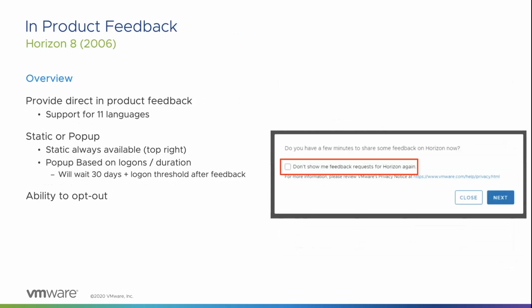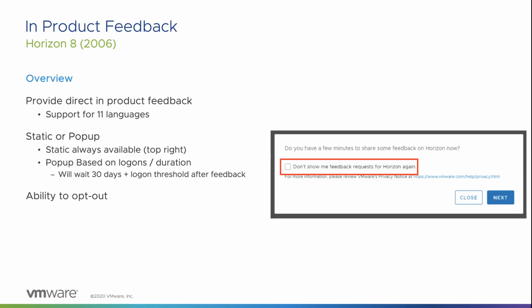In product feedback, there's a new feature where you can directly send feedback to the engineers, if you're having a problem doing something, or something just doesn't make sense. You're like, why do I have to go through all these steps? So you'll see a pop-up like this to provide feedback.